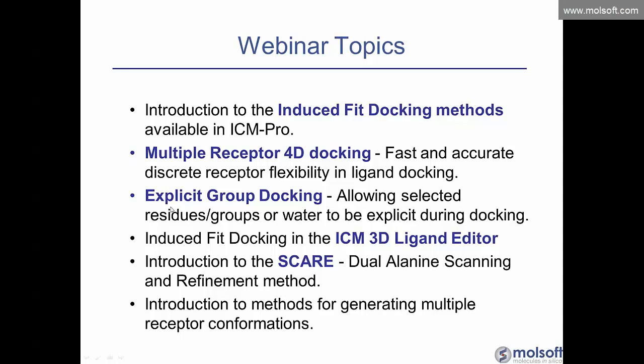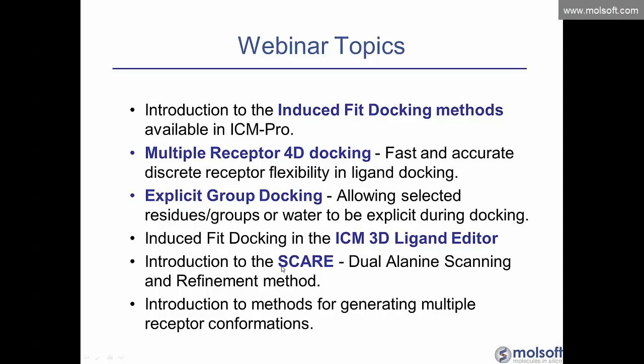These two approaches are also included in the ICM 3D ligand editor, which we developed with medicinal chemists at Novartis. And so you can use the flexible docking to optimize leads, which we'll show. And there's another method that will open up your pocket and refine it if your pocket is particularly closed.